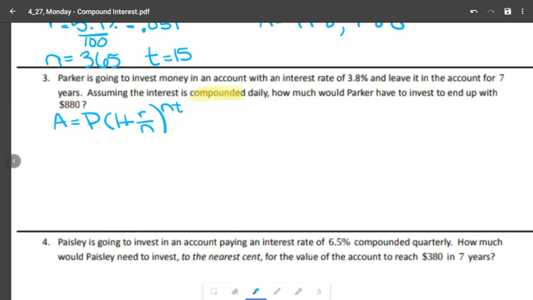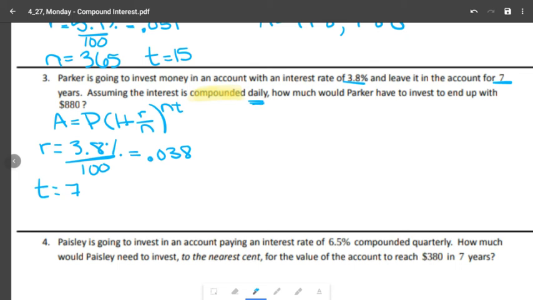So we have our interest rate, that was the first thing given to us, is 3.8%. Divide by 100. We should get 0.038. We're leaving it in the account for 7 years. So T is 7.